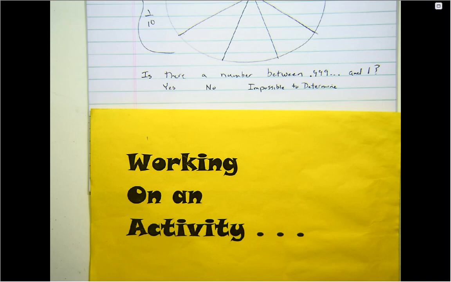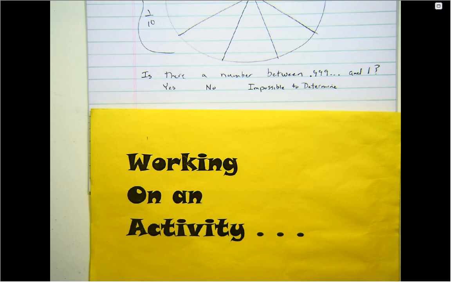So you're saying that there is a number? Which one are you circling? Yes. Okay, then you're assigned to figure out what the number is. What did your group decide? 9 over 9, which is 1.